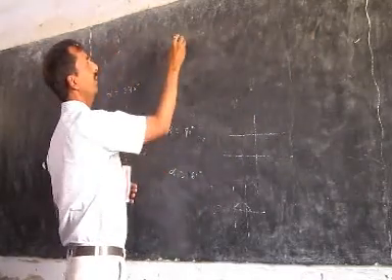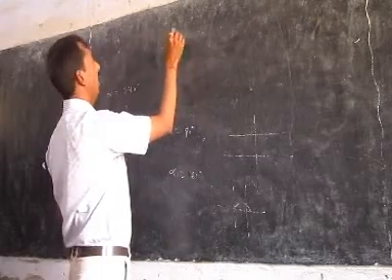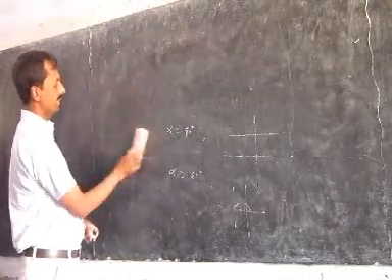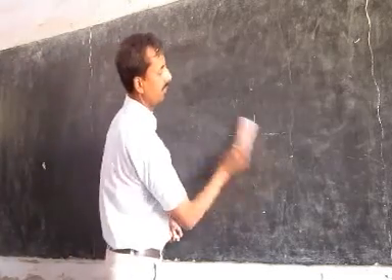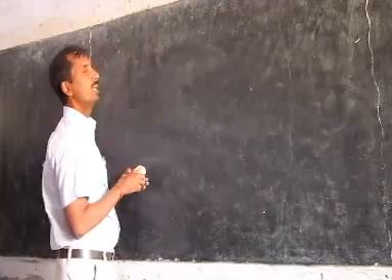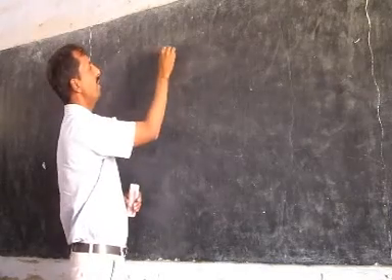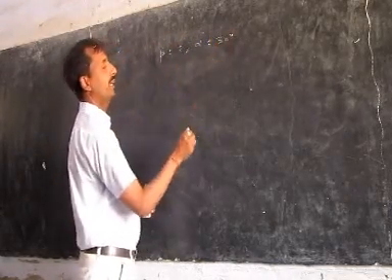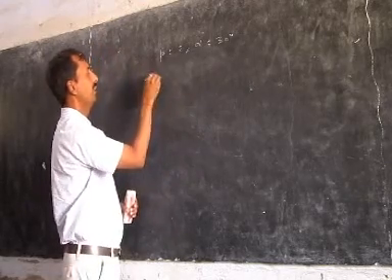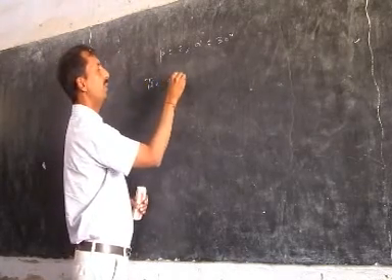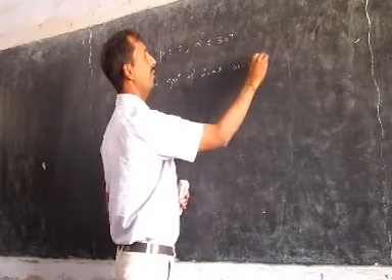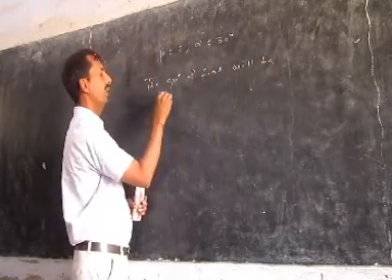Now again, we can give an example to illustrate this. Suppose P is equal to 2 and alpha is equal to 30 degrees. The equation of the line will be like this.